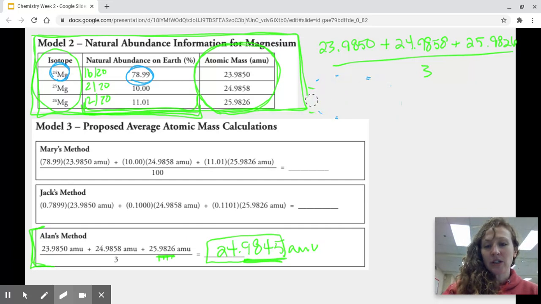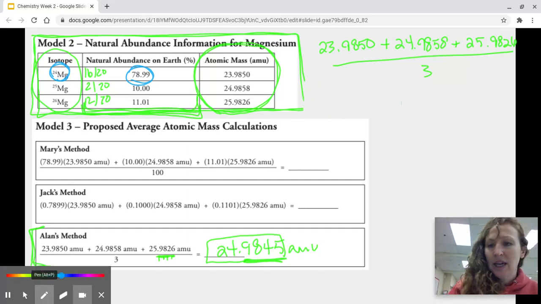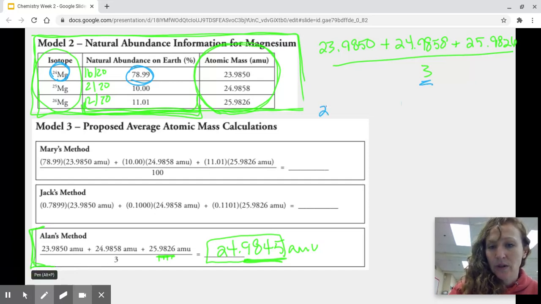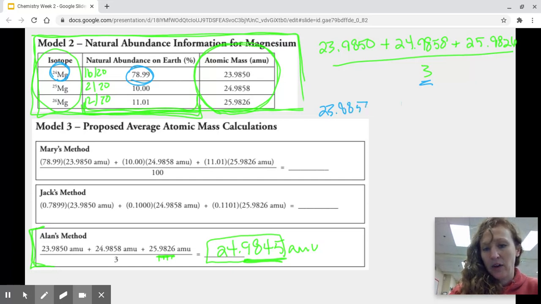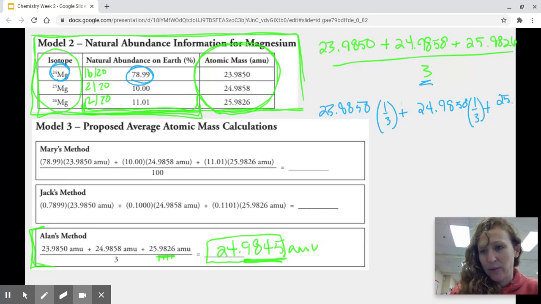If we take the equation that we just wrote and distribute this 3, we can write 23.9850 times a third plus 24.9858 times a third plus 25.9826 times a third.